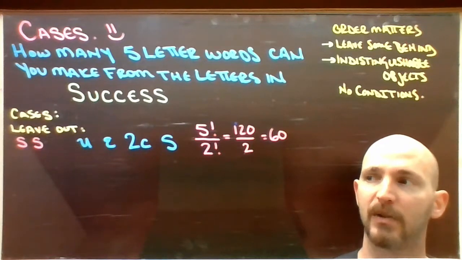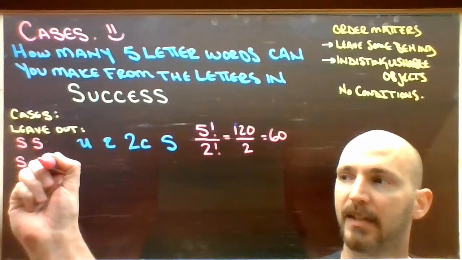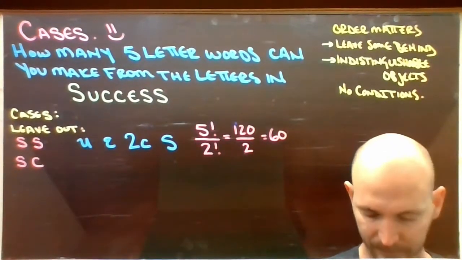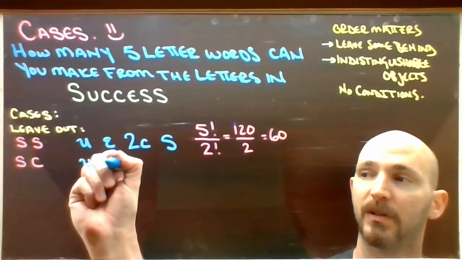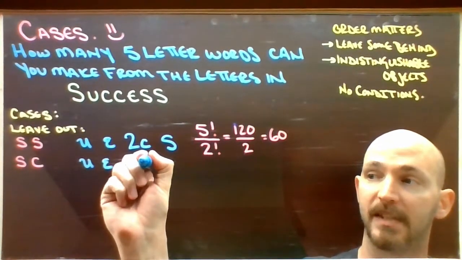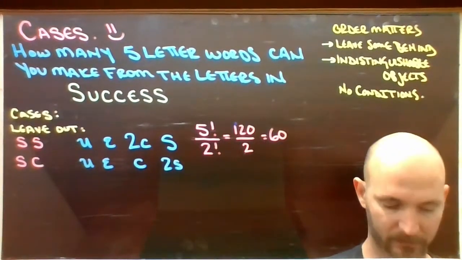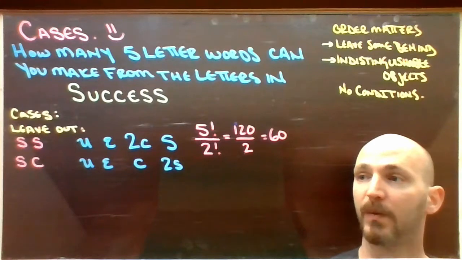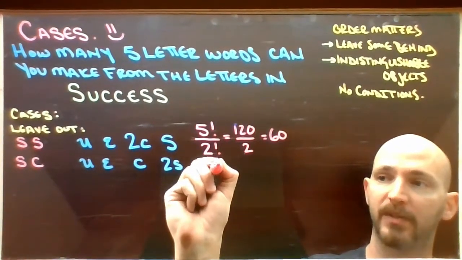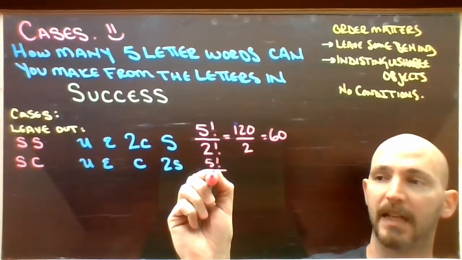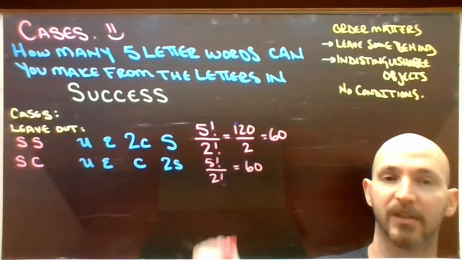If I left out an S and an S, I could also leave out an S and a C. In that case, I would be shuffling the U, the E, a C, and 2 S's. That's 5 letters shuffled, and I have to eliminate a double S, which is another 60 ways I could do this.